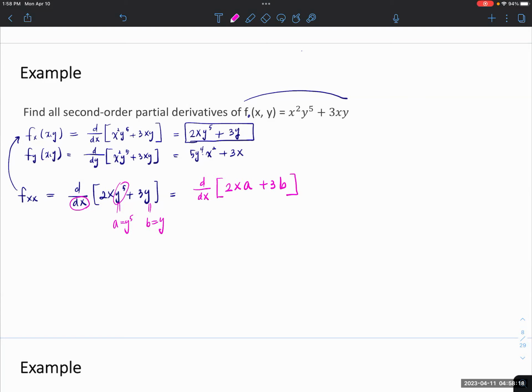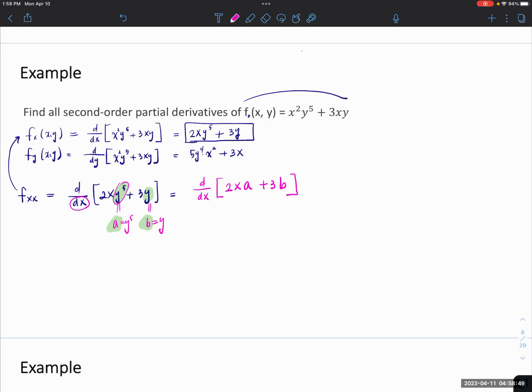So now we are going to take the derivative with respect to x, because this is a second derivative. So we are making a little bit of a distinction from the first partial derivative. So highlight whatever your constants are: y to the fifth is a constant. y is a constant because we are taking the differentiation with respect to x. So we're going to just say that is a, that is b. So we have now 2xa plus 3b.